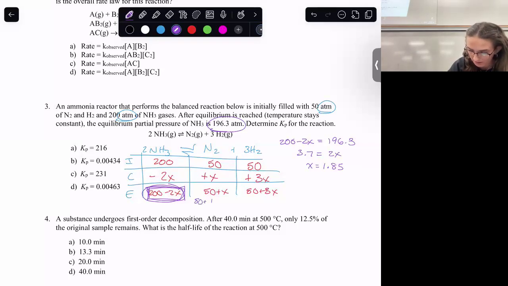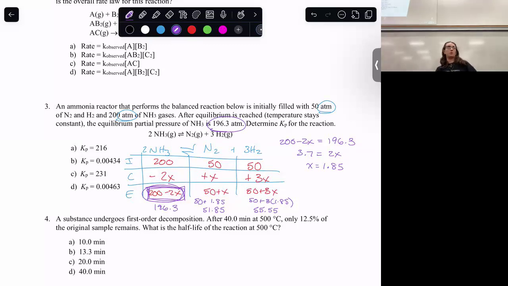So we'll have 50 plus 1.85, which is 51.85. And then we'll have 50 plus 3 times 1.85, and that is 55.55. And then we know that this is 196.3.